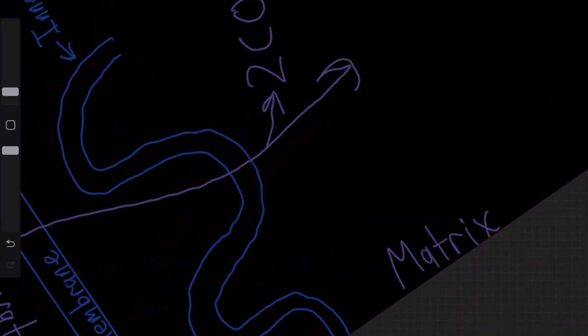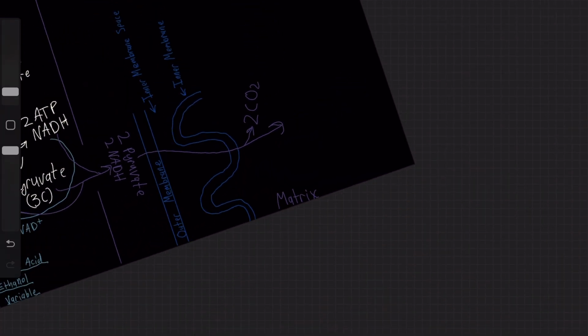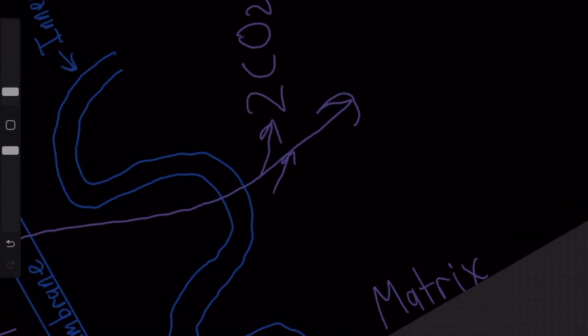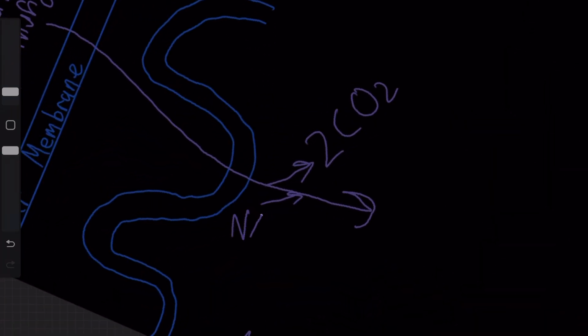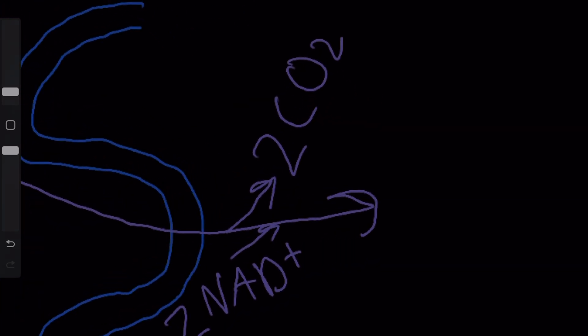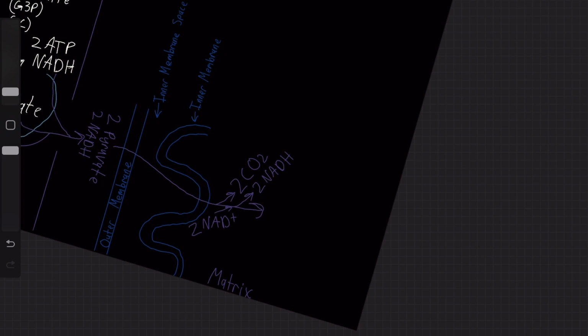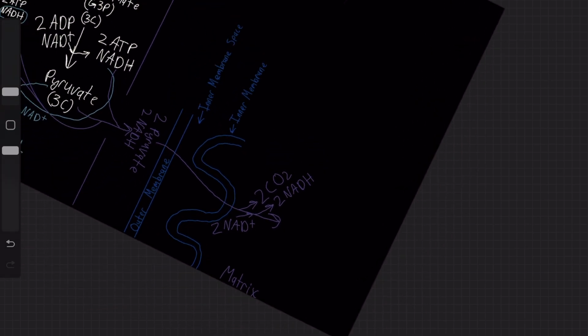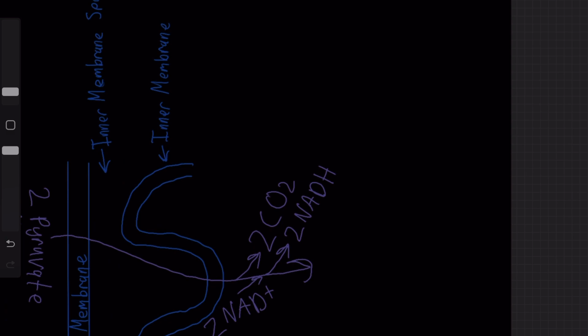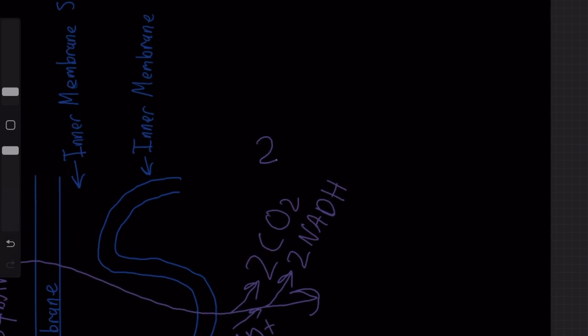It will release 2 CO2, and it will also use 2 NAD plus to create another 2 NADH. Now, our 2 pyruvate will create 2 acetyl-CoA.